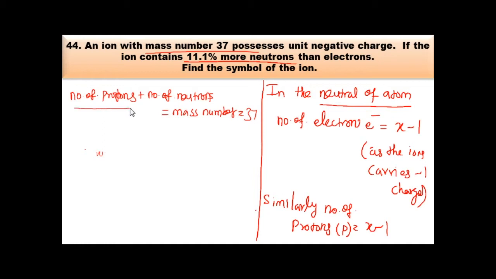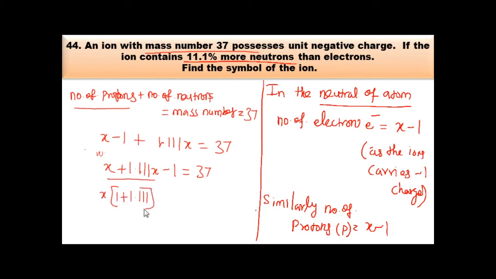So the number of protons is X minus 1, plus the number of neutrons 1.11 X, equals 37. So X plus 1.11 X minus 1 equals 37. Which one is common? X. So 1 plus 1.11 X minus 1 equals 37.